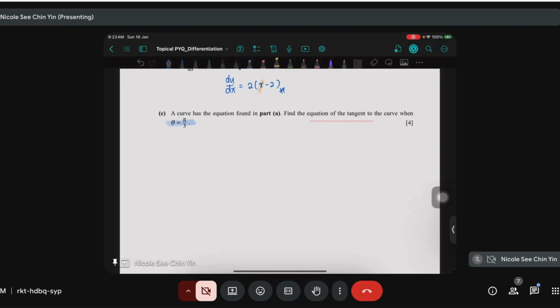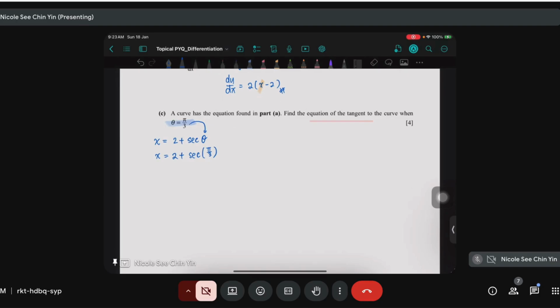A lot of people straight away sub in x with theta pi over 3, which is not correct. So I need to work on my x. From the statement they give you, x is 2 plus secant theta. So basically you have to sub theta inside. So x equals 2 plus secant bracket pi over 3.